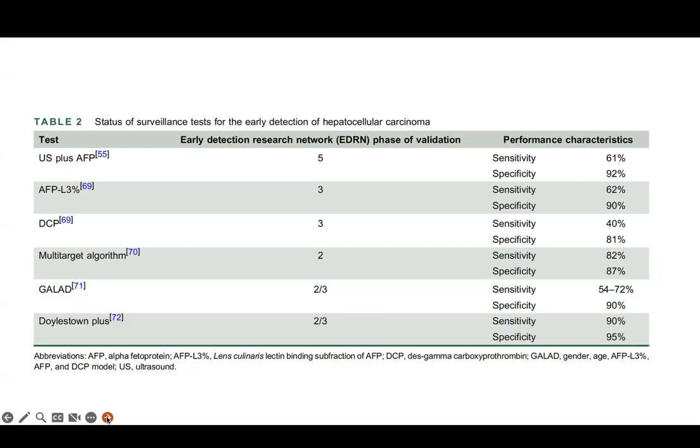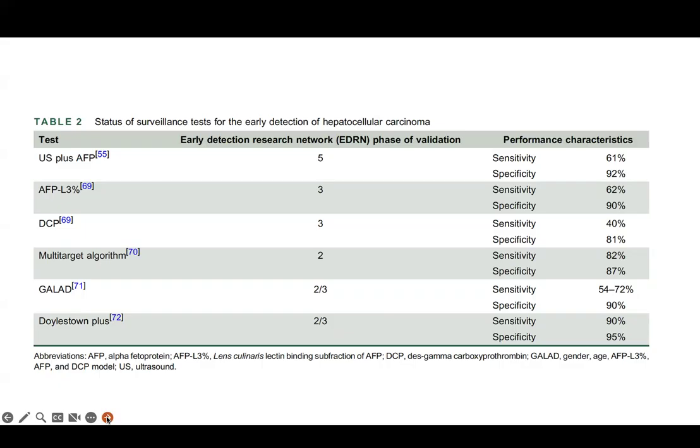There are multi-target algorithms, which means they're looking at other tumor markers, GALAD, which we'll talk about next, and then the Doylestown Plus, which is just using some tumor markers in addition to alkaline phosphatase and ALT, AST, and other markers such as age, putting it together in an algorithm. And you can see that all of them have very reasonable specificity, but sensitivity is significantly different.